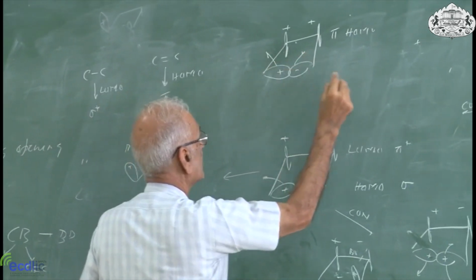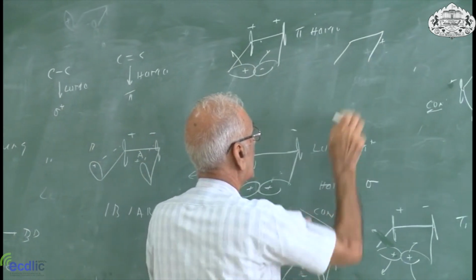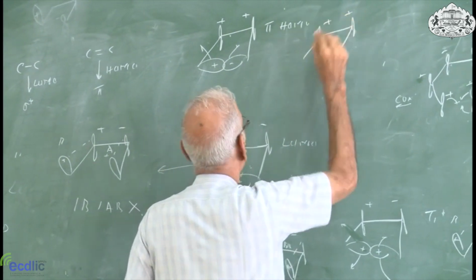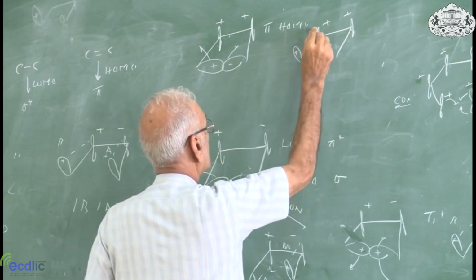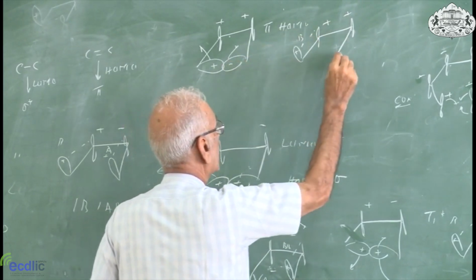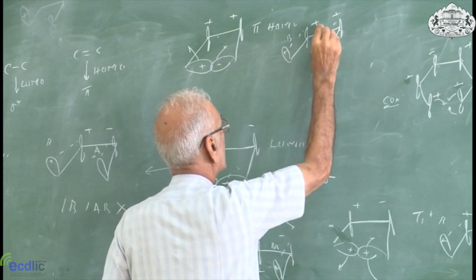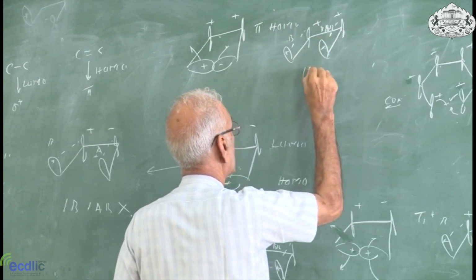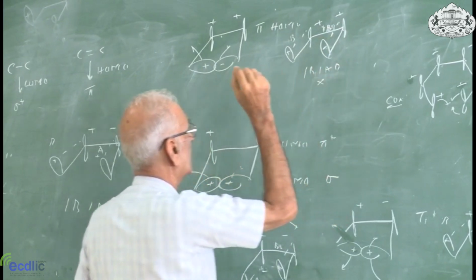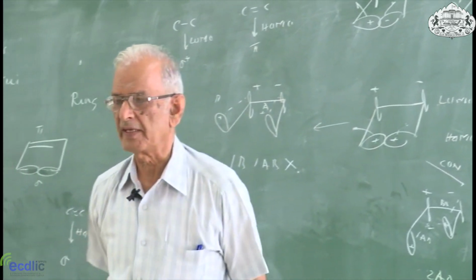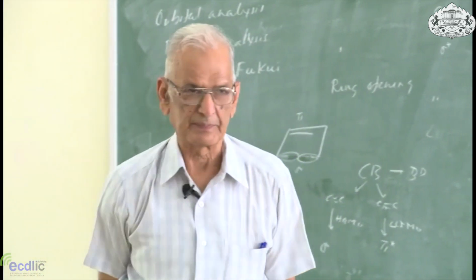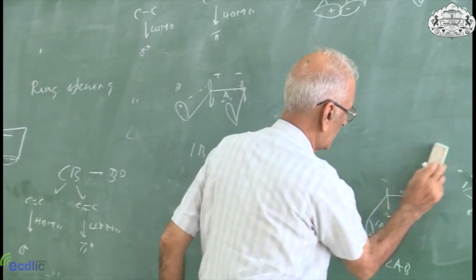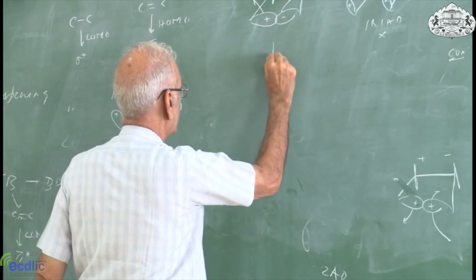This rotatory process. So this will be plus. So this is bonding. This will be minus. One bonding, one anti-bonding. Therefore, this rotatory is disallowed. Do conrotatory process.